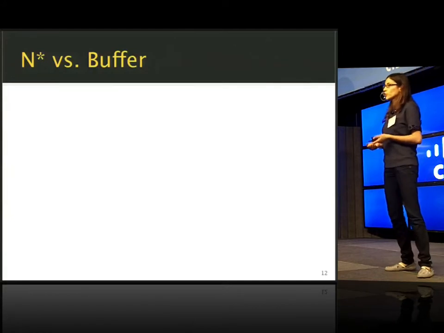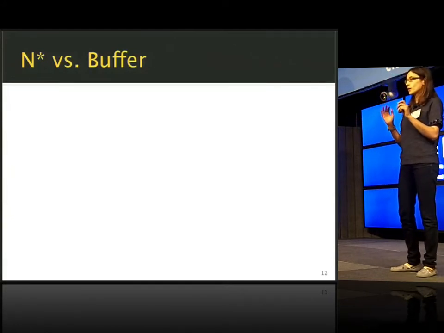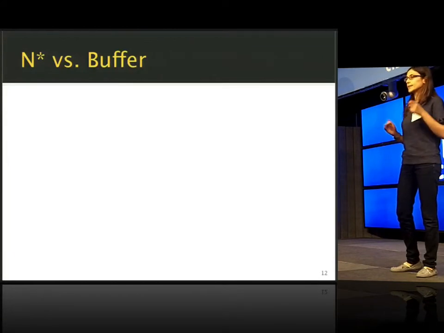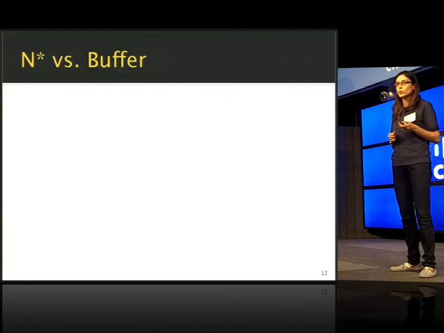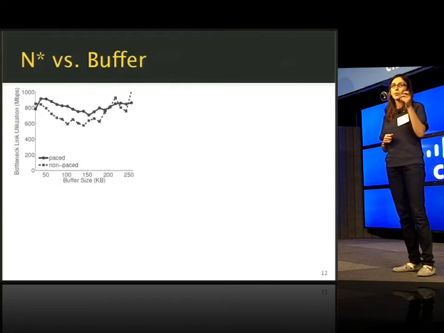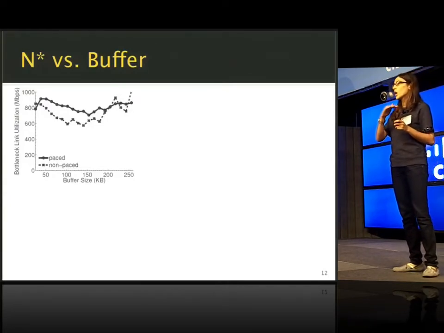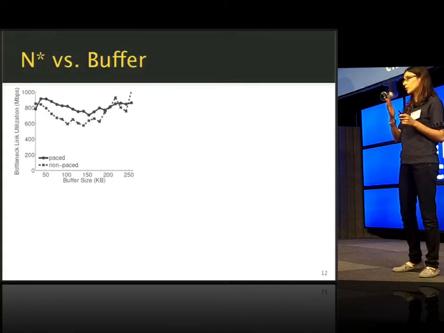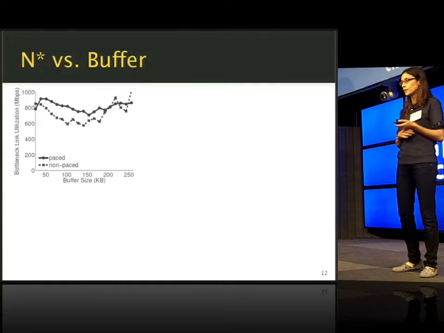So now an interesting question is that I was looking at a fixed buffer size. What happens if I change the buffer size and set the actual number of flows in the network to be this lower bound? What are we going to see? So here I'm changing the buffer size, and for every buffer size, I'm calculating the lower bound of the point of inflection, and setting the total number of flows in the network to be that number.